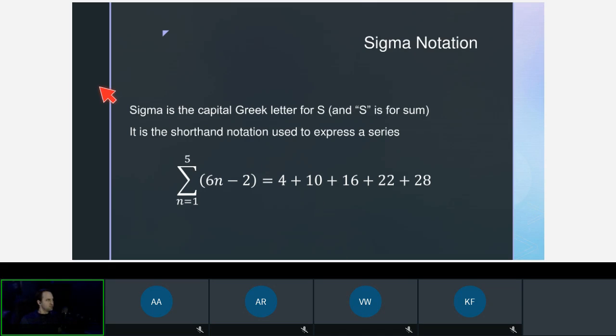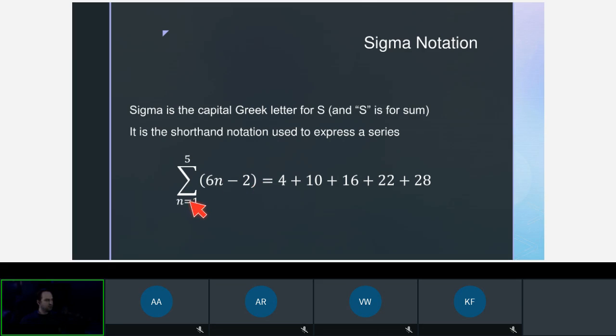Okay, sigma notation. So this is the Greek letter for S. This is sigma. So this represents a sum. This little notation just represents we are doing a sum. It's a summation of some series. The way that you read this is the sum from n equals 1 to 5 of this expression here, the quantity 6n minus 2.